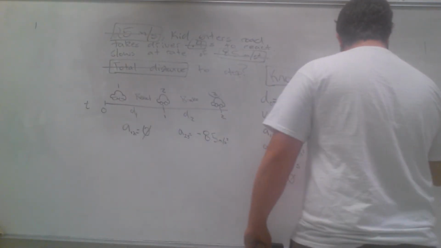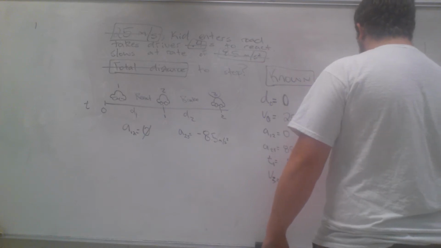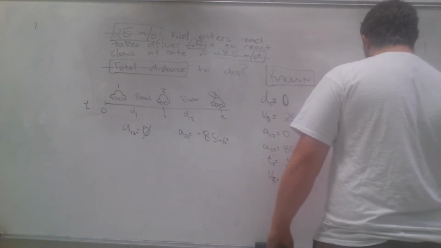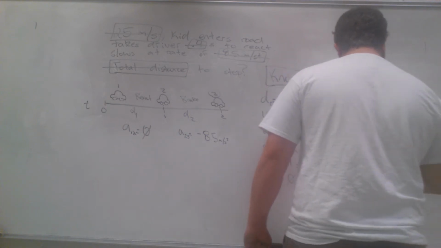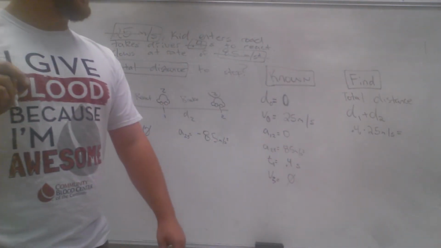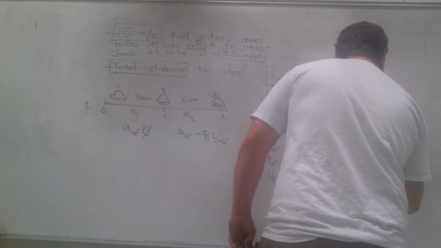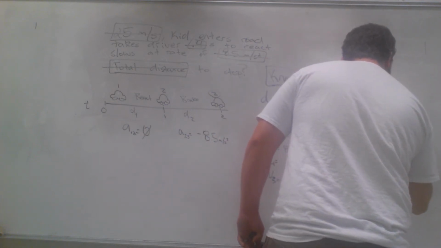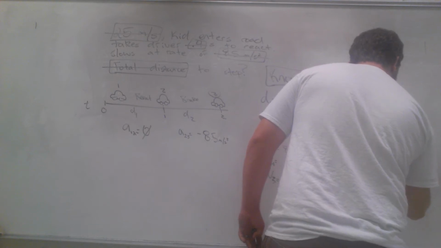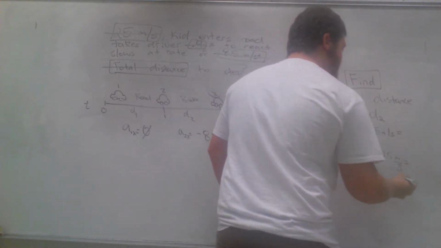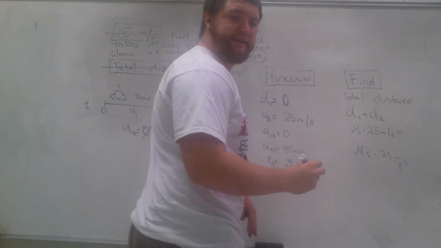So I've gone 25 meters per second. When I multiply 0.4 seconds times 25 meters per second, what am I going to get? The reason that this gives you a displacement is because your seconds cancel out.